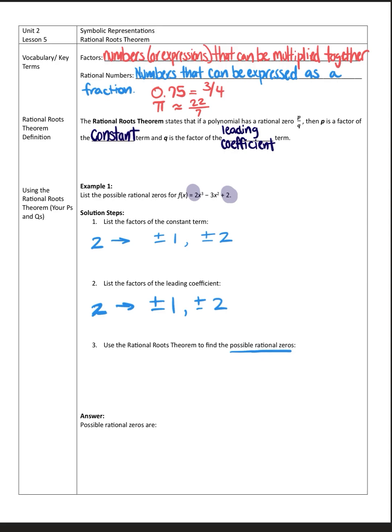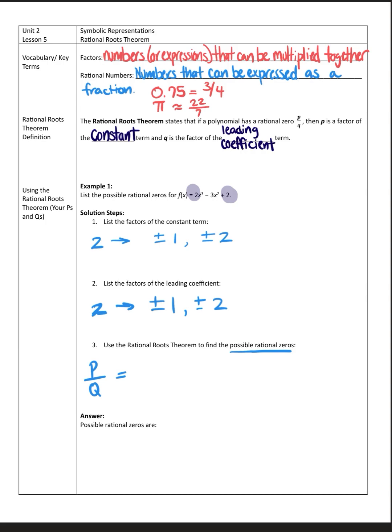So let's go ahead and find out what some possible rational zeros are, all right? I like to call it your P's and Q's, okay? What you're technically doing is taking the factors from the constant term and the factors from the leading coefficient term, and you're basically making fractions out of them.